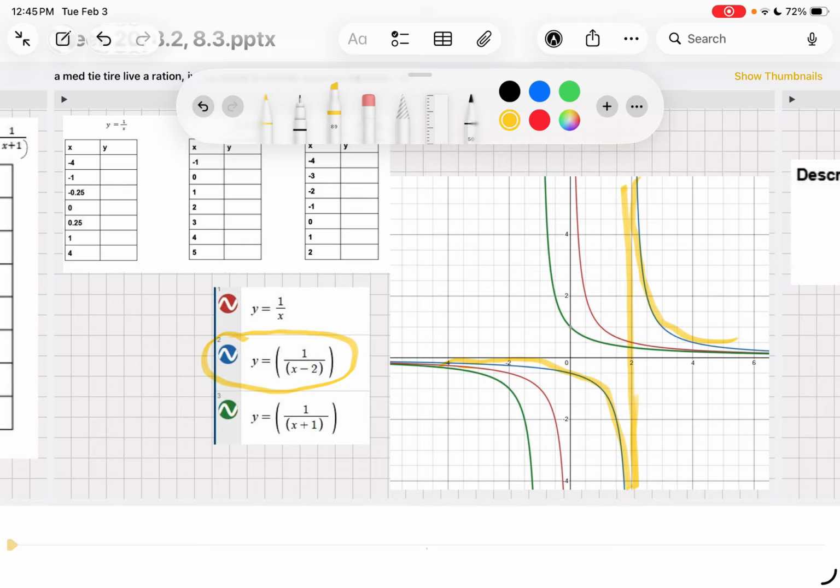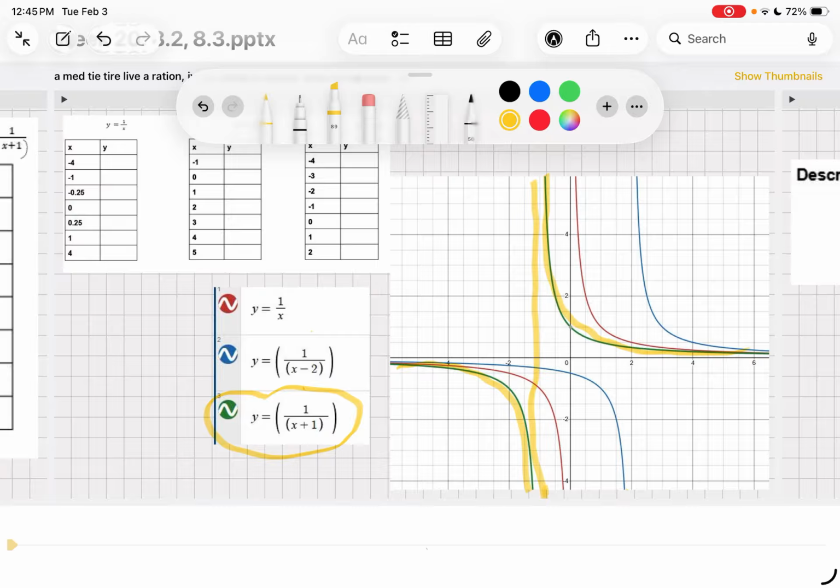So the new asymptote is now at 2. And then as I move the other direction, if I look at the green function, this one didn't move right, it moved left. So my vertical asymptote has shifted to the left.